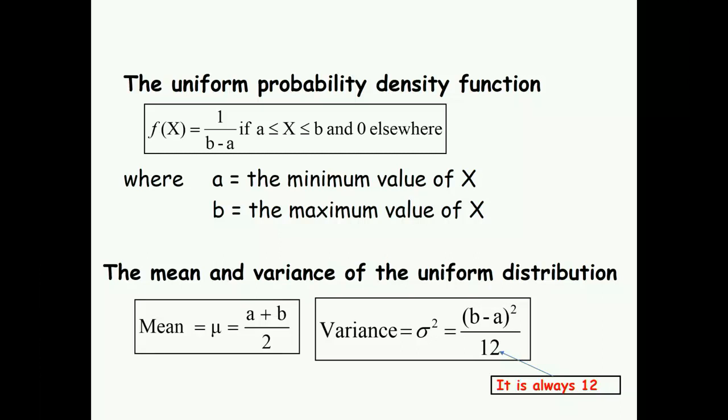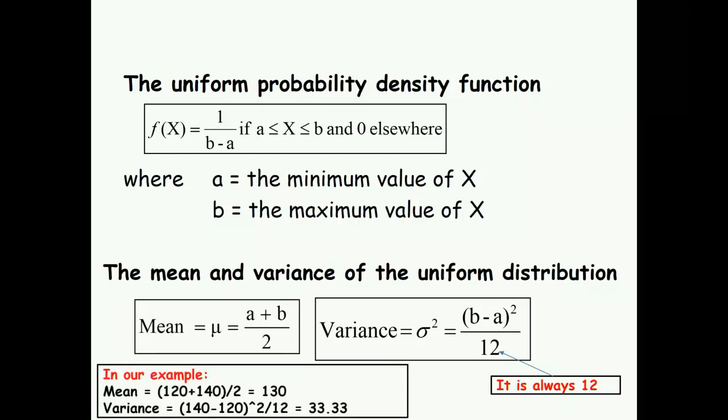A is always the minimum, B is the maximum value of X. So we calculated the mean, and for the variance, (140 minus 120) squared divided by 12. Always this 12 remains constant.